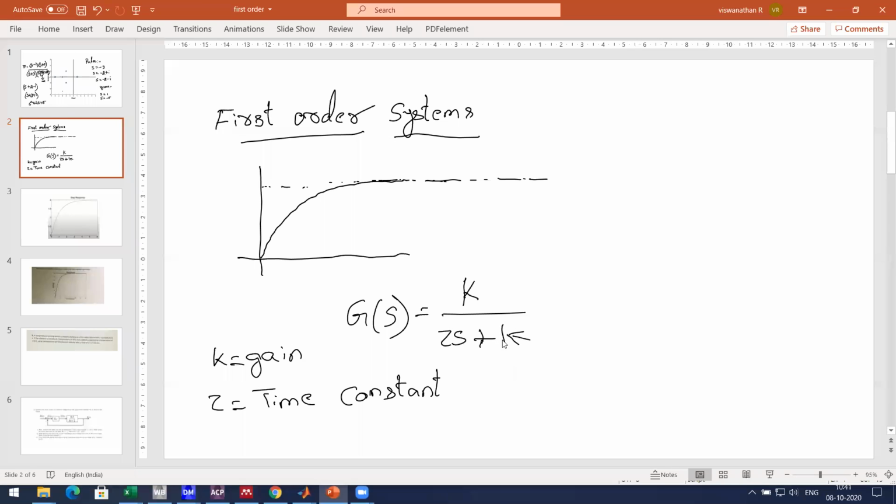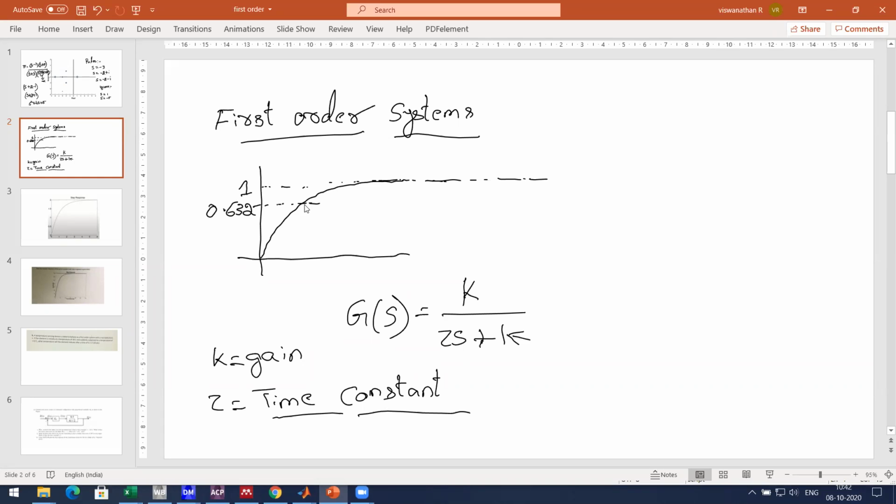You should always have it in that form to find out what tau is. Tau is called the time constant. So what is the definition of a time constant? It is the time taken to reach, say the final value is 1, the value 0.632, that is 63.2% of the final output.